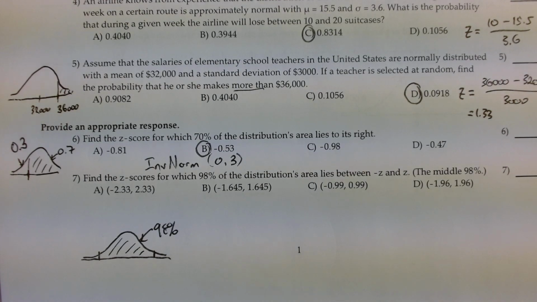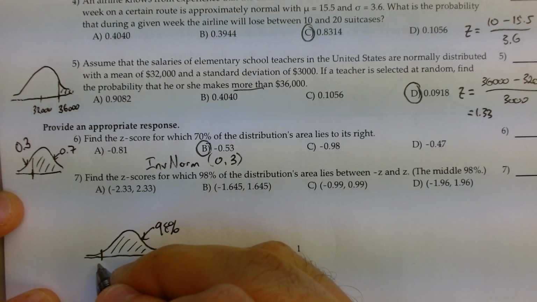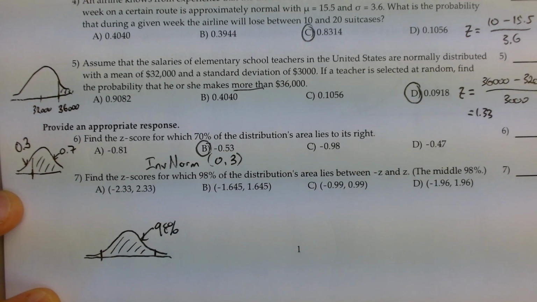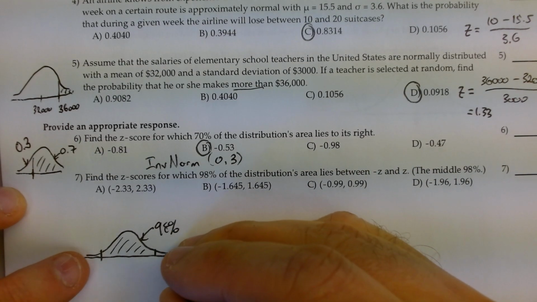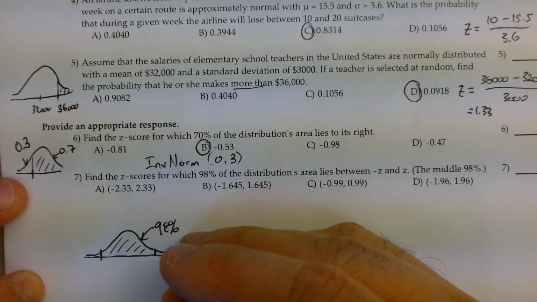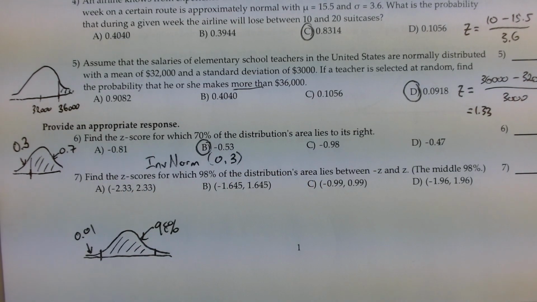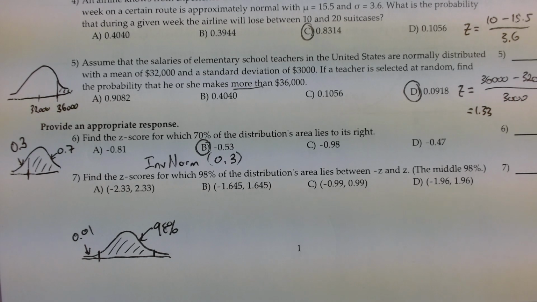Well, again, we need to work with the area to the left of one of these z-scores. So one we could pick on is this one, because we could figure out what the area to the left is there, because the remaining 2% is split evenly among the two tails. So you have 1% here, or 0.01 as the area. So that's what you have to work with.